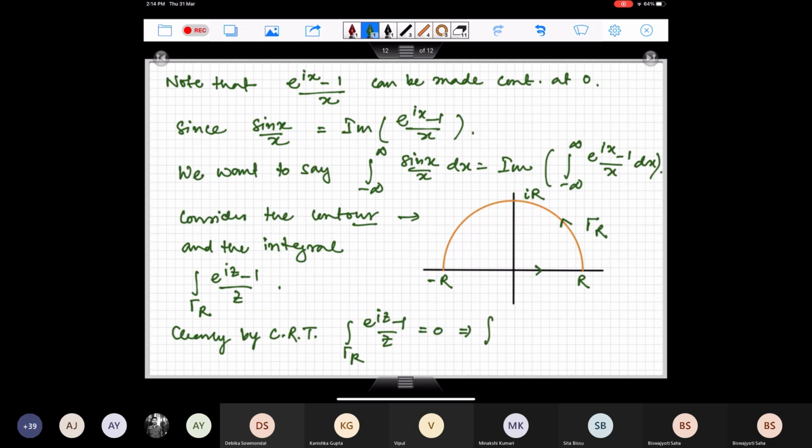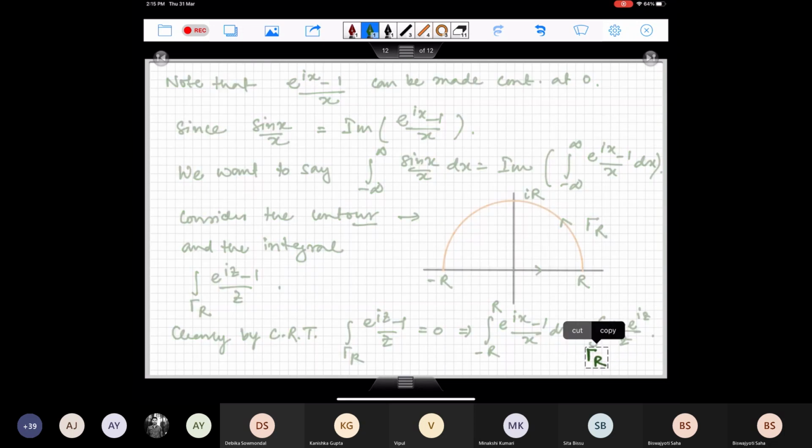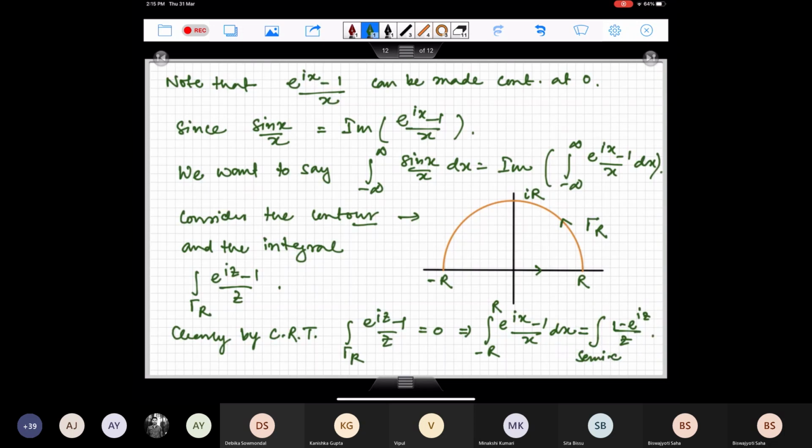So the integral from minus r to plus r of (e power ix minus 1) by x dx is equal to the integral over the semicircle, since I am sending it to the other side, of (1 minus e power iz) by z. Sorry, this is not gamma r, this is the semicircle.